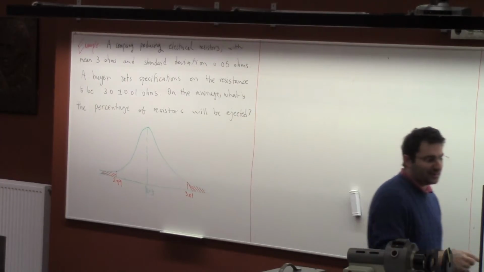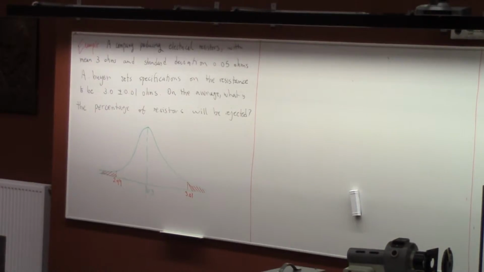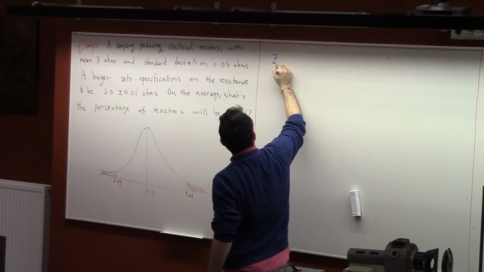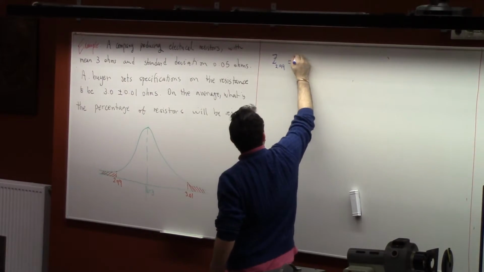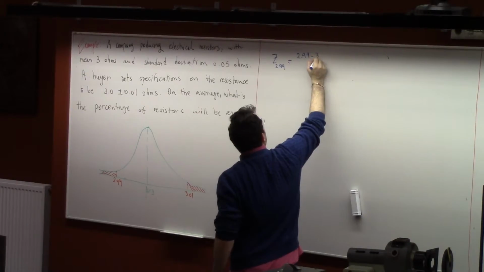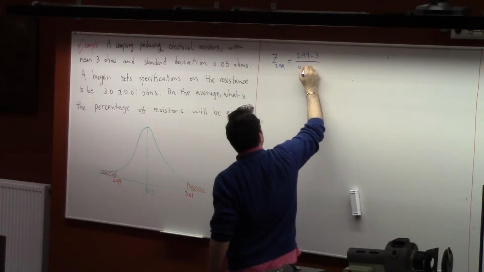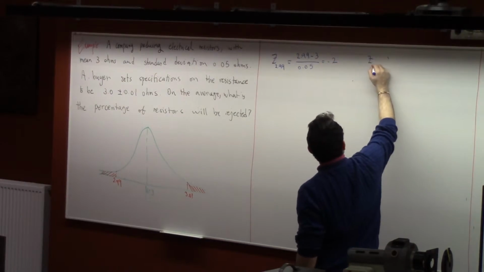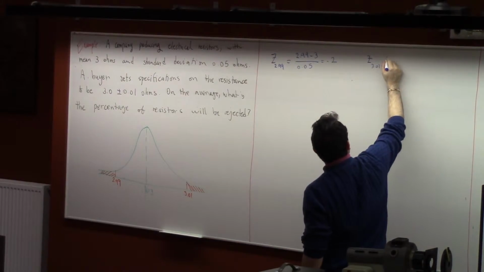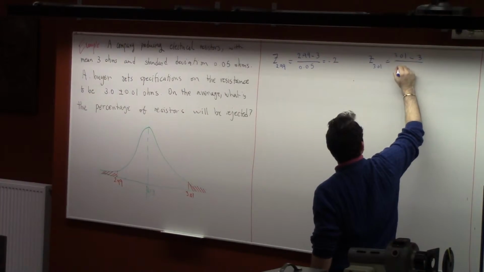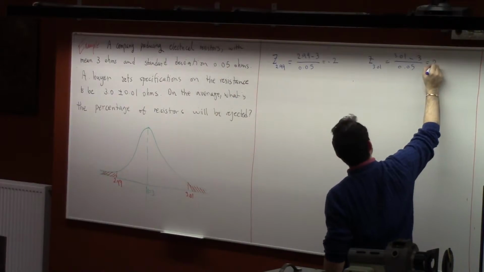So let's calculate the Z values. Z of 2.99 is 2.99 minus 3 divided by 0.05, you will get this is minus 2. And Z of 3.01 is 3.01 minus 3 divided by 0.05, which you will get it is 2.